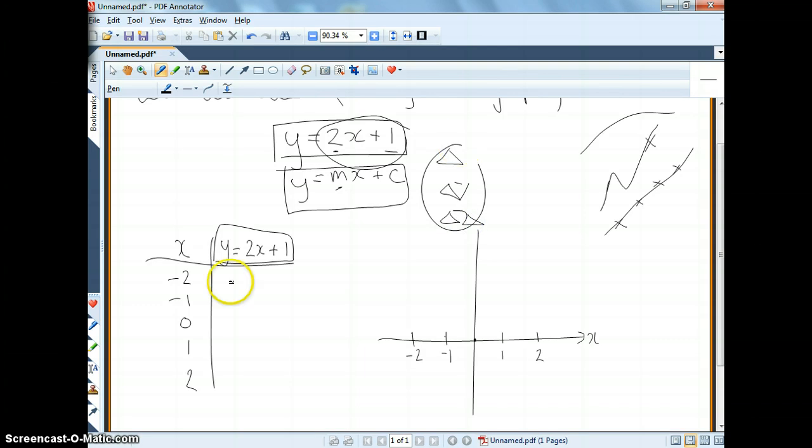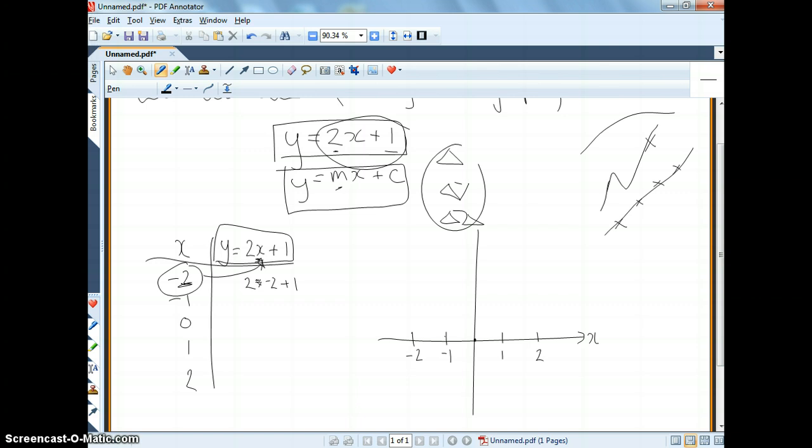Anyway, coming back to here, what I'm going to do is substitute an x into the y equation. So y becomes 2 times minus 2 plus 1. With me? I just substituted minus 2 into the value of x. So what's 2 times minus 2?